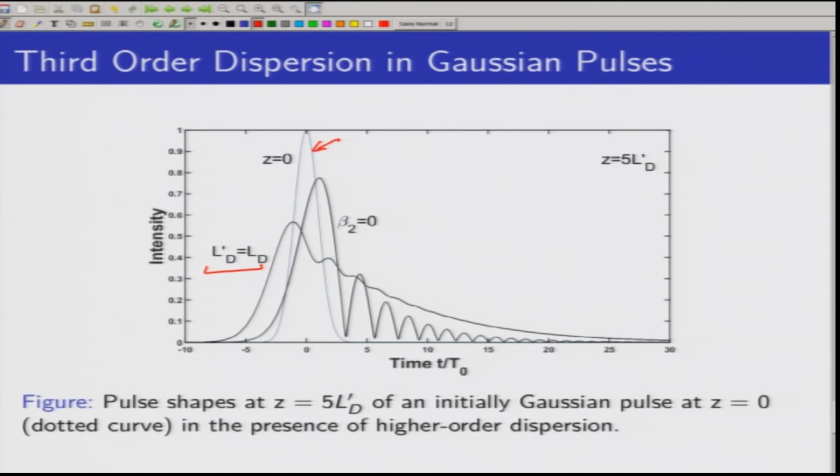This was for the case of z equal to 5 LD dash. So, there we are propagating it to 5 third order dispersion lengths. This is LD dash, so the net length of the fiber is 5 times this. As you can see, it significantly distorts as well as makes the pulse asymmetric as we propagate along the fiber.